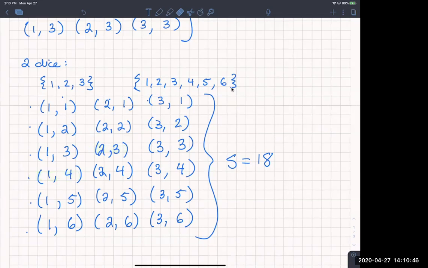What's the probability of me rolling a 7?